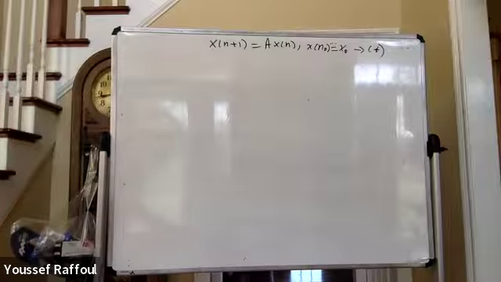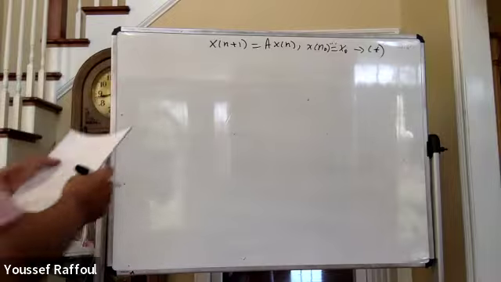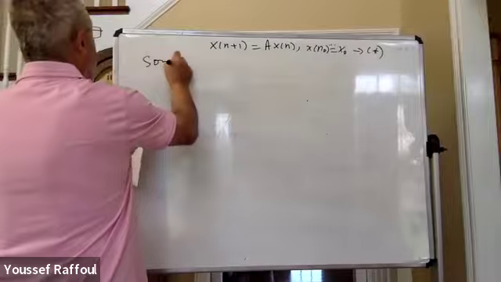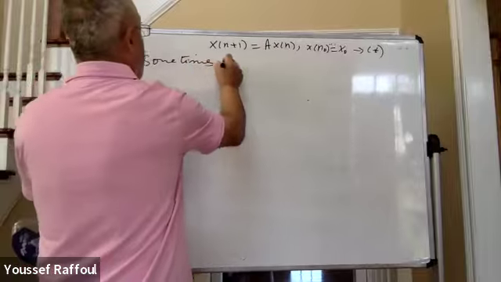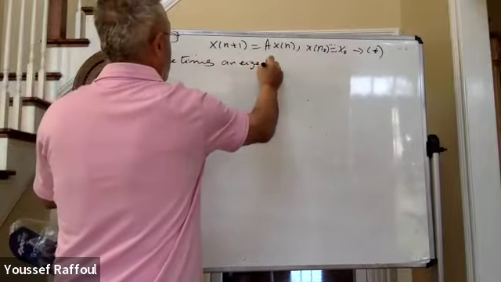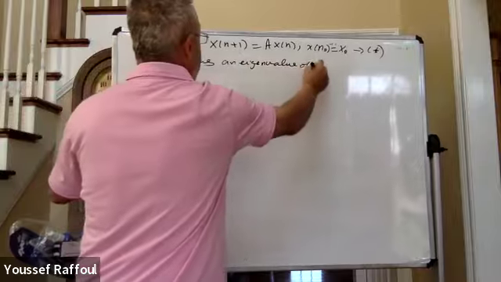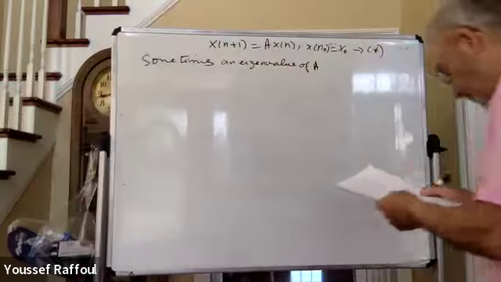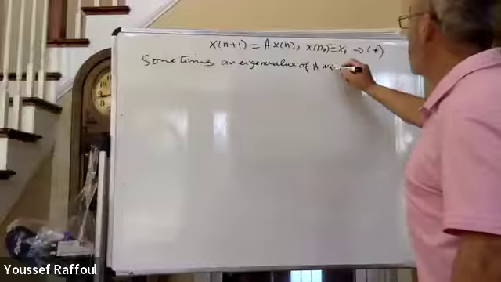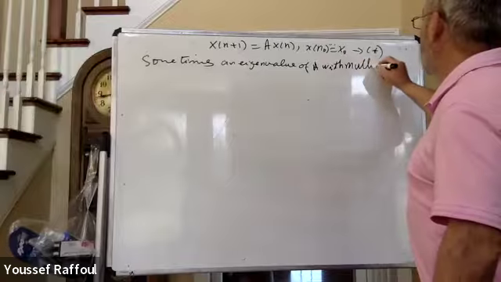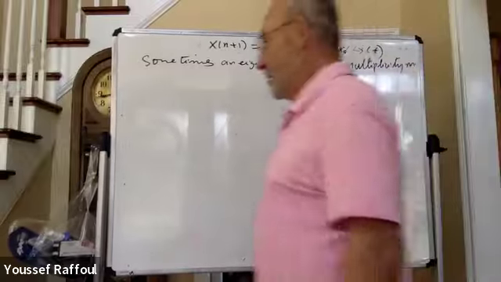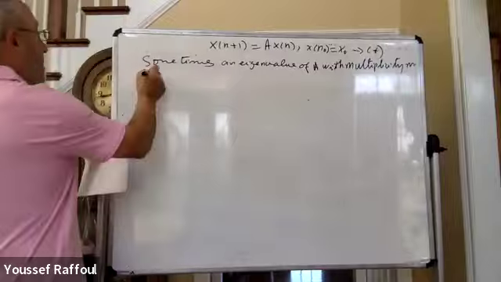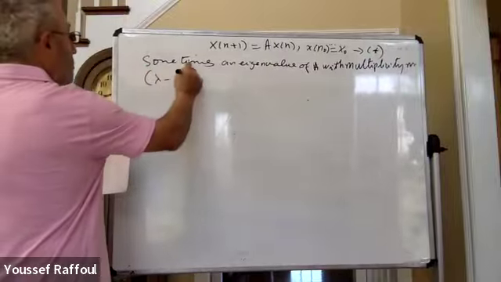So sometimes an eigenvalue of A with multiplicity m, I mean, it's like lambda minus lambda_0 to the power n.